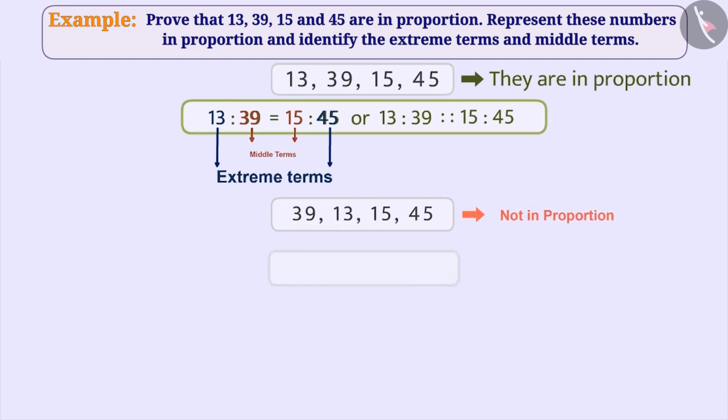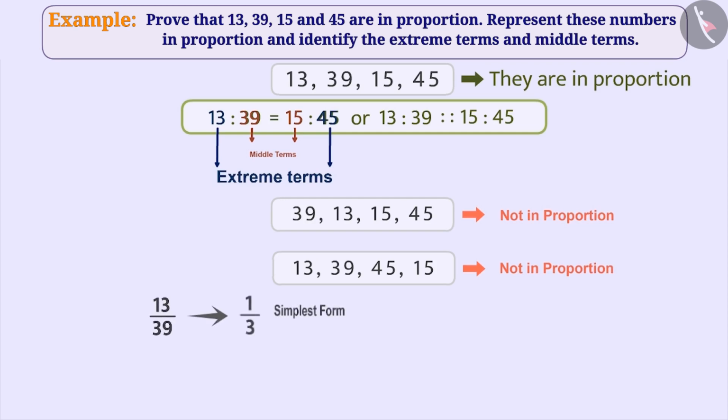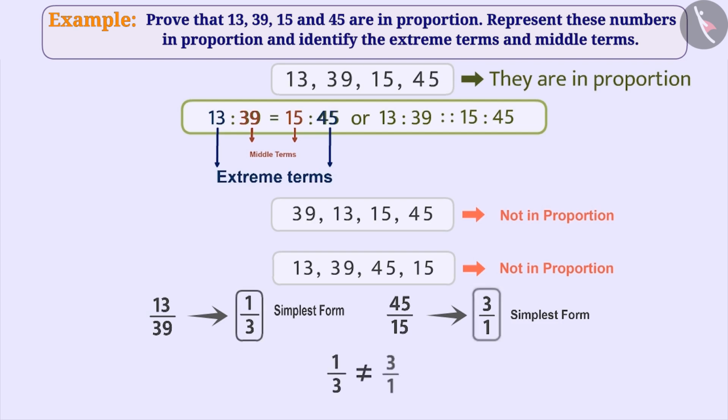If we change the order of the terms and write as 13, 39, 45, and 15, then also these numbers will not be in proportion, because the simplest form of 13 by 39 is 1 by 3, and the simplest form of 45 by 15 is 3 by 1, and 1 by 3 is not equal to 3 by 1.